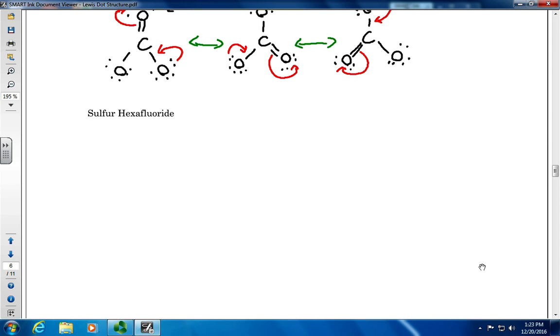People get so hung up on the octet, but remember, octet applies preferentially to most molecules, but exclusively only in period 2. So, how are we going to draw this? Well, fluorine only likes to be singly bonded. So, we're going to have a central sulfur.